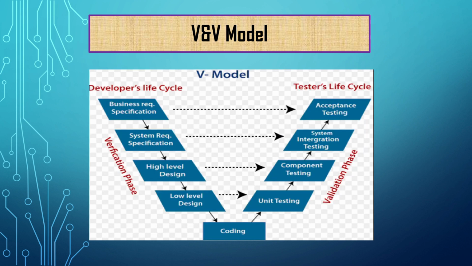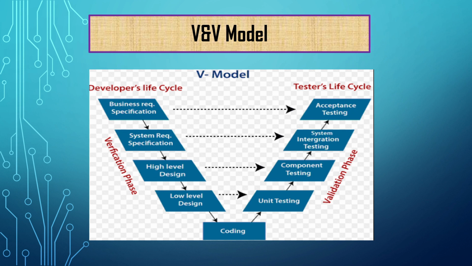If you see this slide, you will get to know the V model structure, and you can see that it looks like a V, right? It consists of two main branches that represent the verification and validation activities, the two lines of the V. The left-hand branch represents the verification activity, which involves ensuring that the software meets the requirements and its specification.